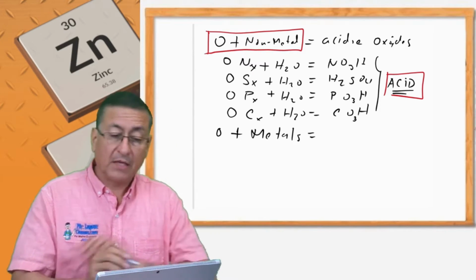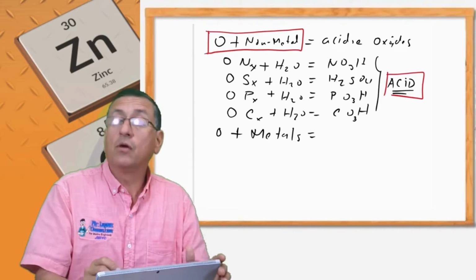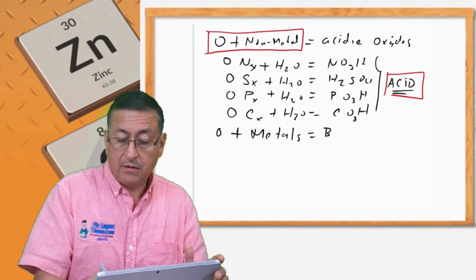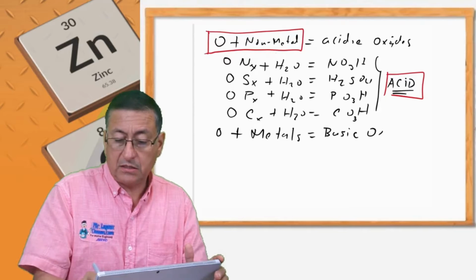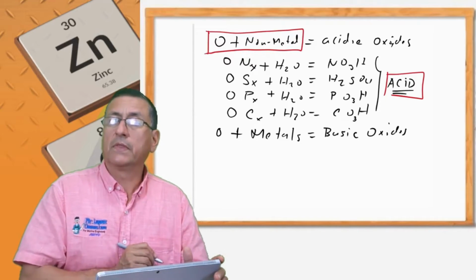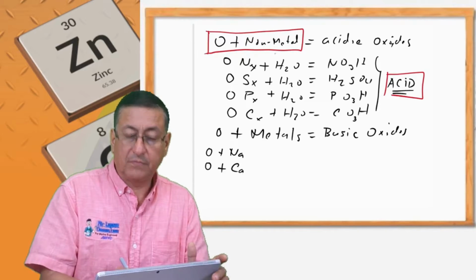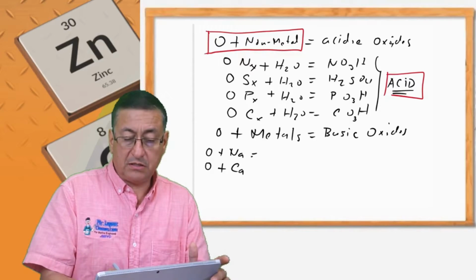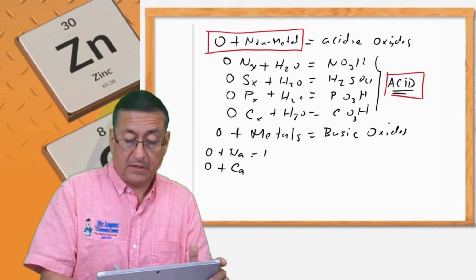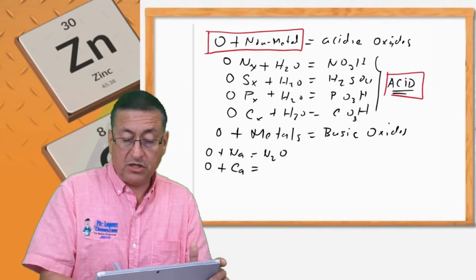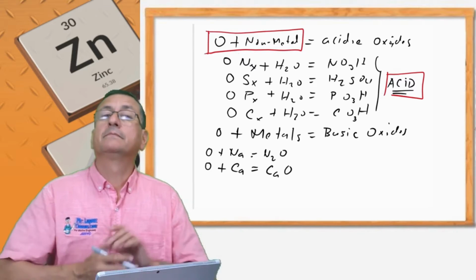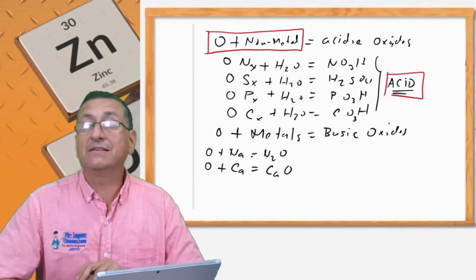We have oxygen plus metal, we have basic oxides. For example, oxygen plus sodium, oxygen plus calcium. Those are basic oxides.